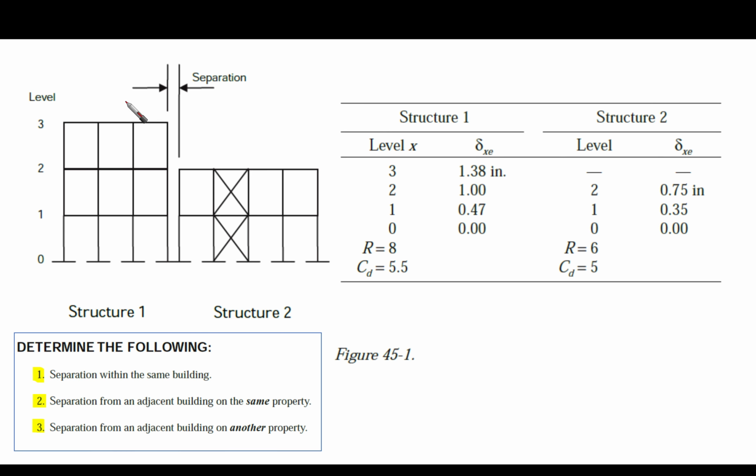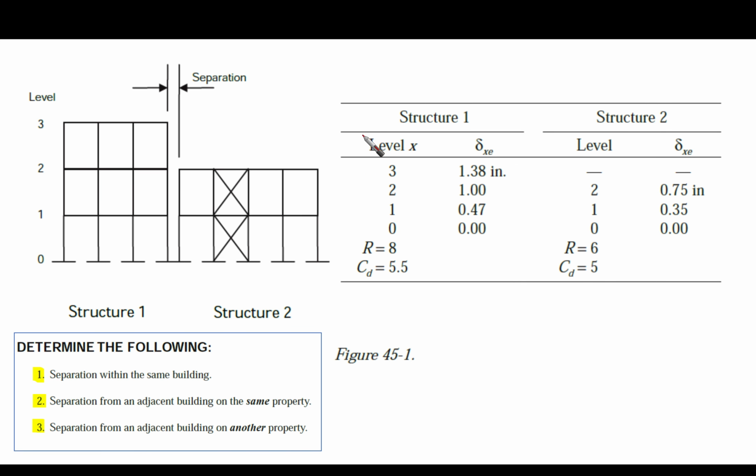So let's see what is being given here. We have two buildings, as you can see. One building is 3 floors, the other one is 2 floors. One seems to be a moment frame, the other one a braced frame. So structure 1 has 3 floors, structure 2 has 2 floors, and there is a separation here.